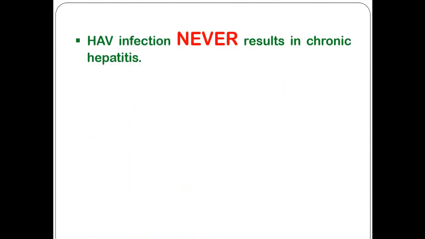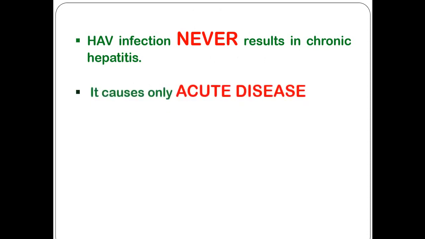Now I give you 1 fact in 2 ways. Hepatitis A virus infection never results in chronic hepatitis. I will repeat in another way: hepatitis A virus causes only acute disease.